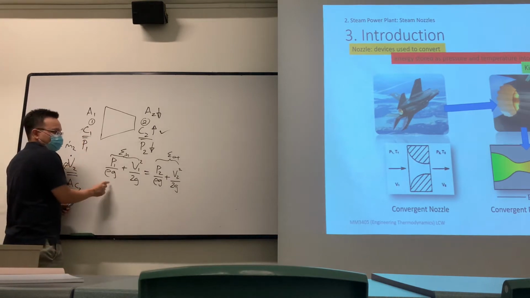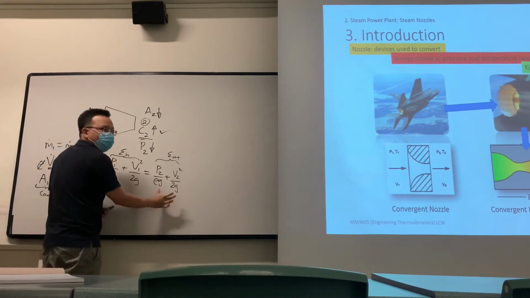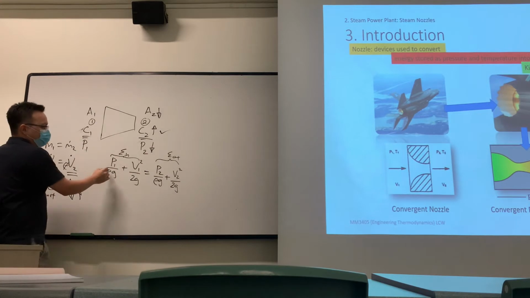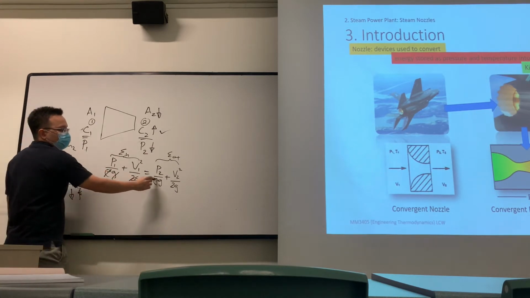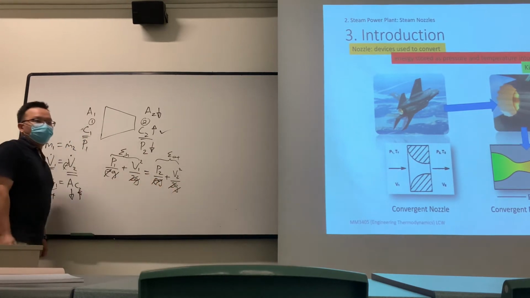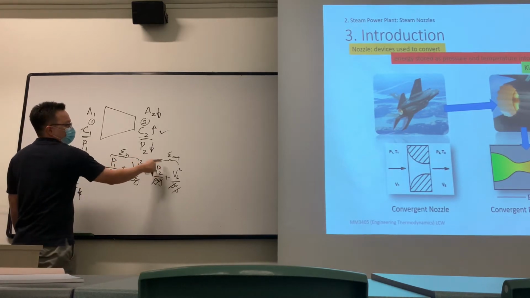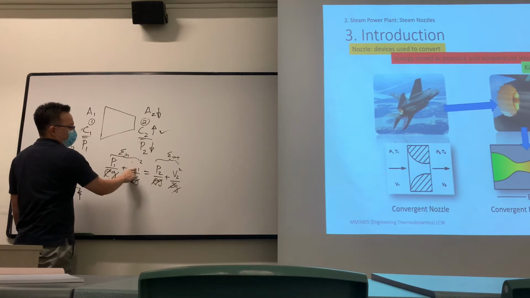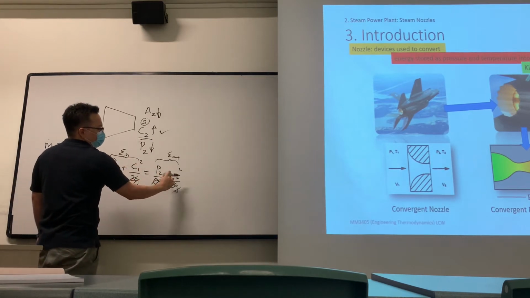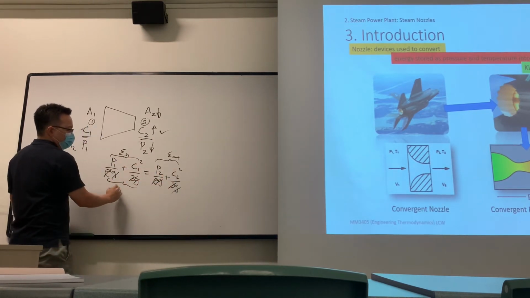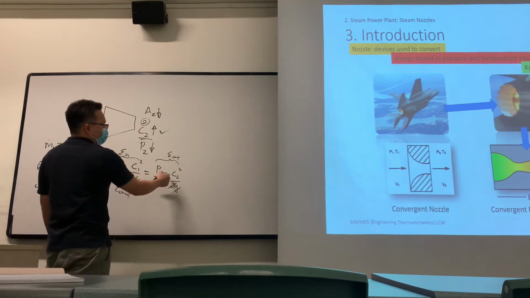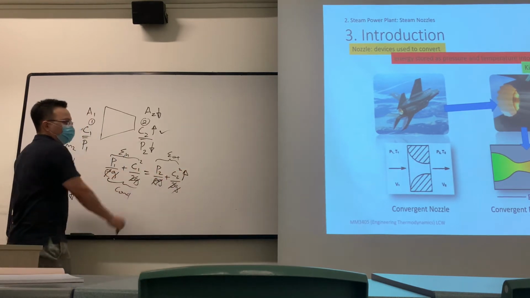So look here. This energy in equals this energy out. All this is constant, so all removed. What happens now? If your velocity, actually it's supposed to be C, is going up and this is constant, what will be your P?